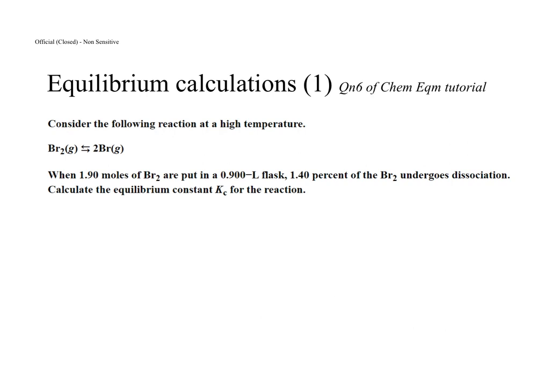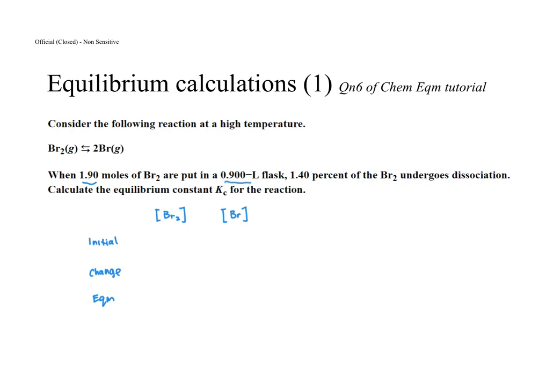So for this question, let's first start off by drawing the ICE table. We are given the starting number of moles of bromine and the volume of the flask.